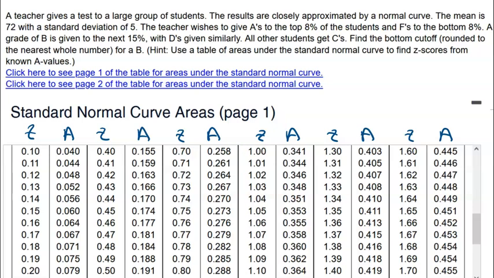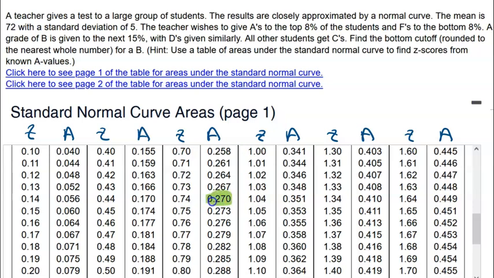So remember in your homework, to get to these tables, you have to open up one of these two links that's listed here. This happens to be page 1, and I put the columns back there for you, Z's and A's. Now, we have an A value, which was 27% or 0.27. So I'm checking all my A columns, looking for 0.27, and I see it right there.